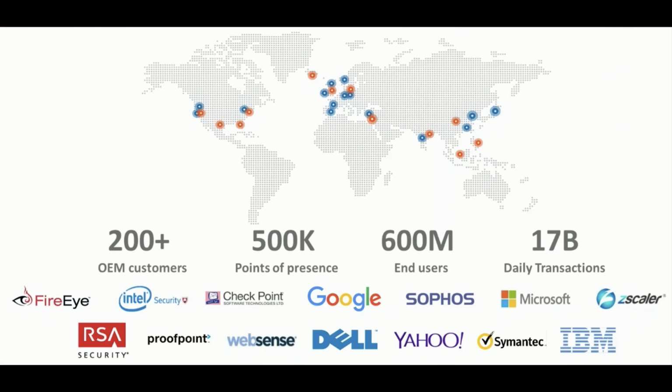MDaemon includes Cyren's outbreak protection technology, which is the same security technology used by Microsoft, by Google, and Checkpoint, among quite a few other of the leading brands. And it uses their global network, the largest of its kind, to look for spikes.